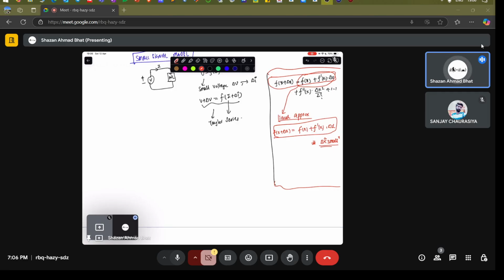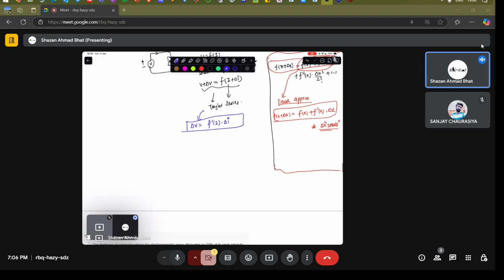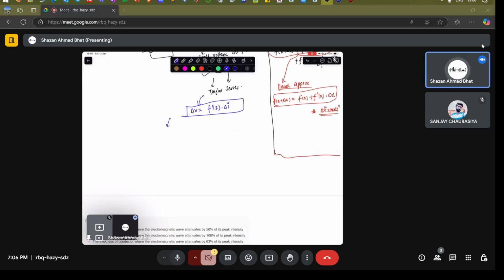Now, when you linearize it, if you want to write this in terms of the voltage and the currents, you can write delta V to be equivalent to f dash of I into delta I. That is as simple as that. Now, let's say, for example, you have a two-port system, just like how you model these particular devices.